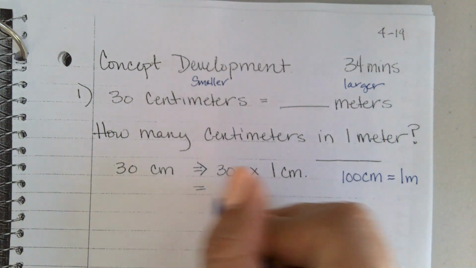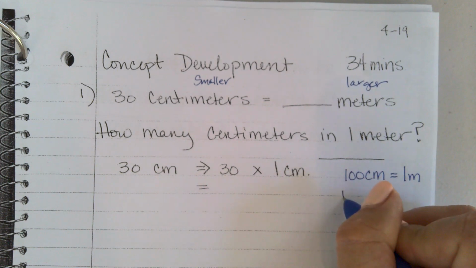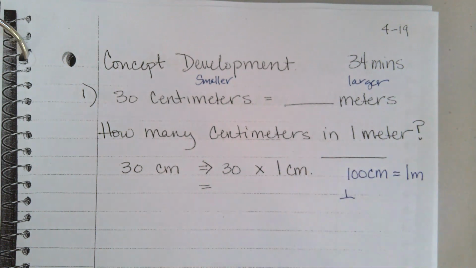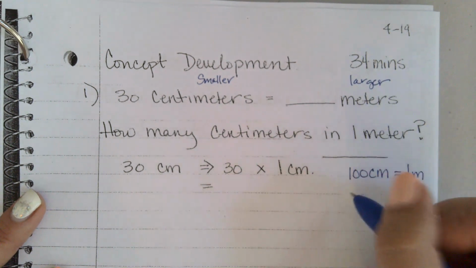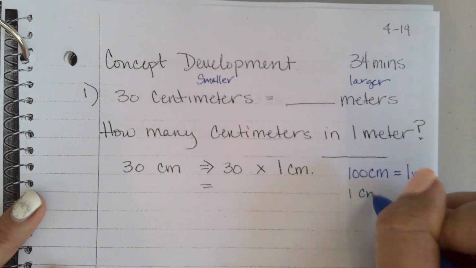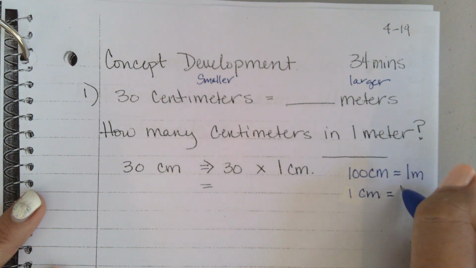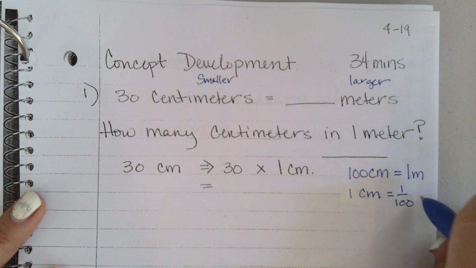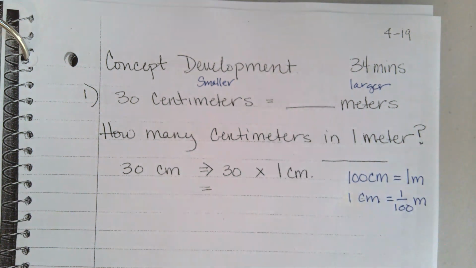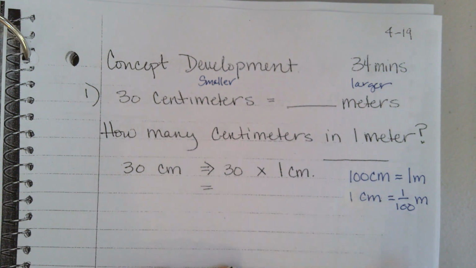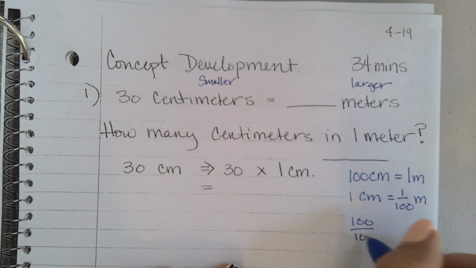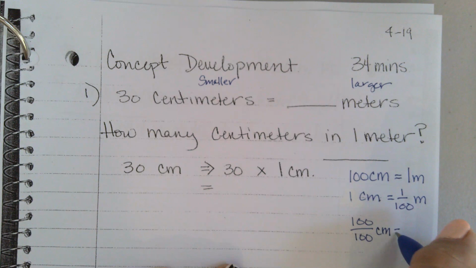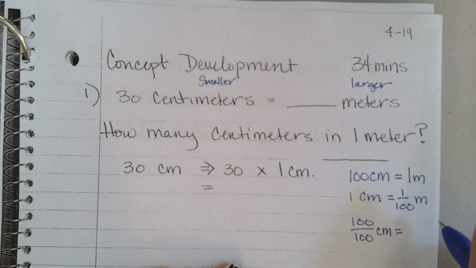So let's go here. Let me rewrite this. 1 centimeter is equal to 1/100th of a meter. And we know if you had 100 out of 100 centimeters, you would equal what? 1 meter, right?